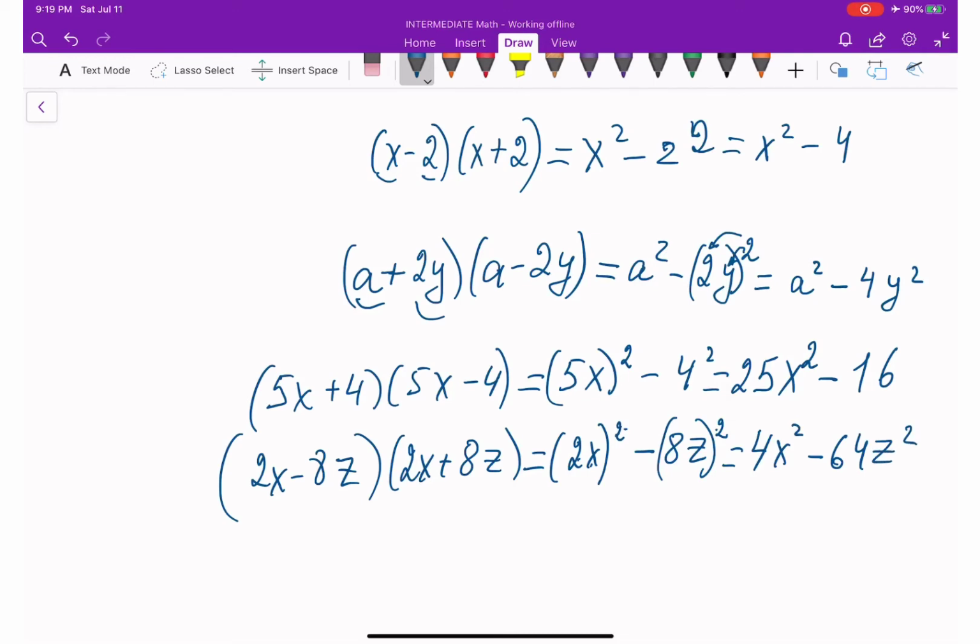Okay? So to make it easier to read, I can do it this way. I can change the color of this 8z squared, and this one also, so you would know which one is what.